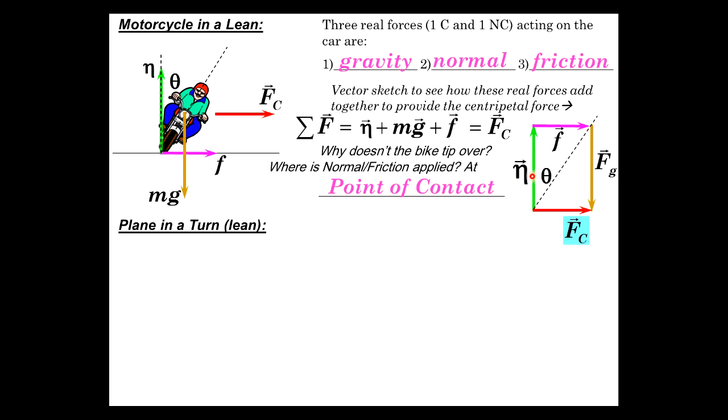Now, before I do a plane in a turn, the last one, I mentioned that the normal could be thought of in a different way. If you look at this normal force and the friction force together, guess what? They make a road force that's pointed along the dotted line. So back in the original drawing, that road force, collectively of the normal and friction, is on a trajectory.